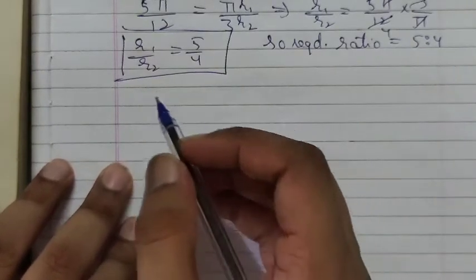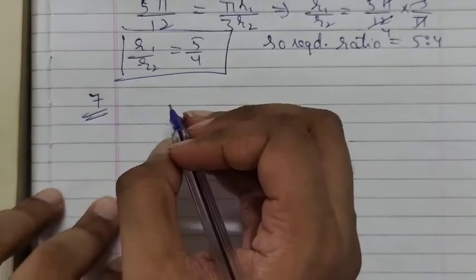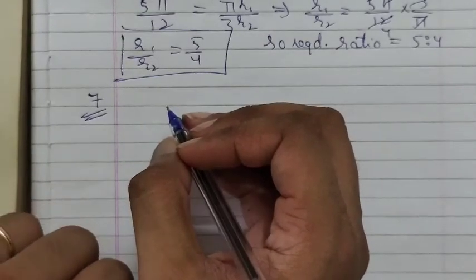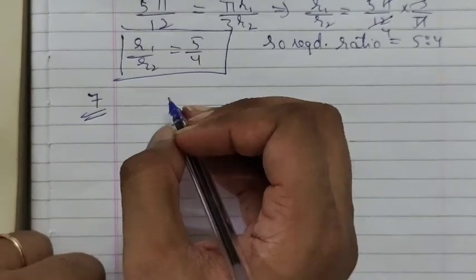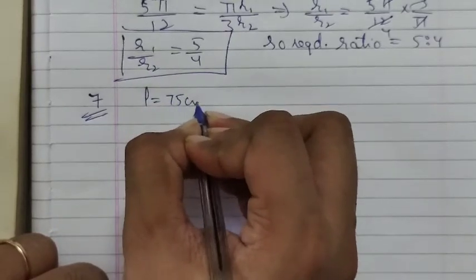Next, let's take question number 7. In question number 7, we have to find the angle in radian through which the pendulum swings if its length is 75 centimeter and the tip describes an arc. So the length is 75 centimeter.